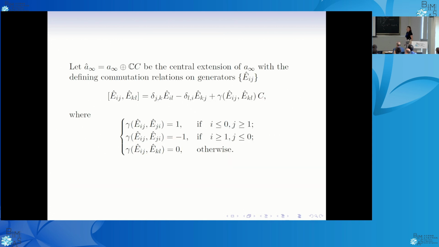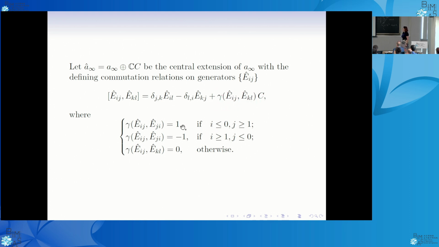And again, let's take a central extension of this Lie algebra. Now we take generators which we denote as Eij hat, and we take the commutation relations as in the case without the central extension, plus we add a central element multiplied by some cocycle.